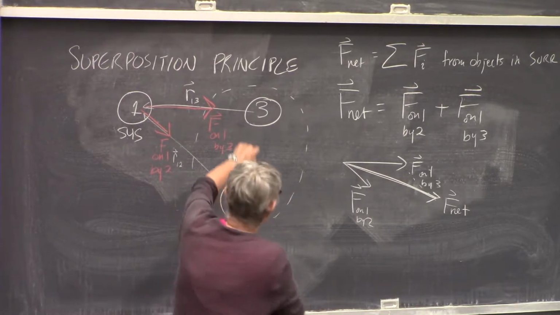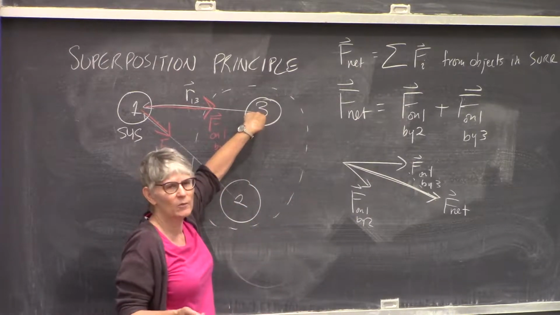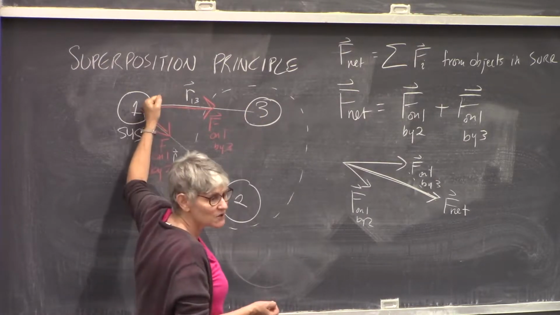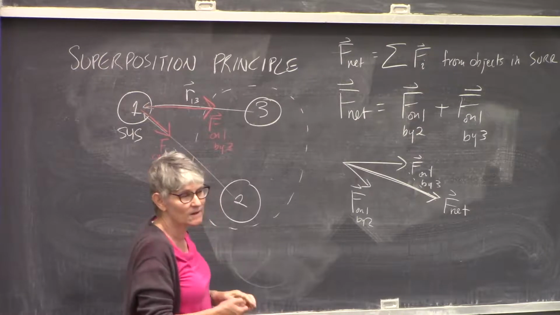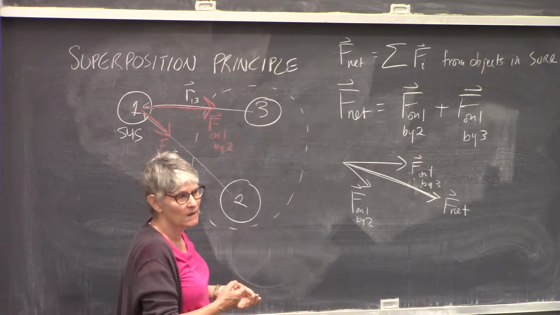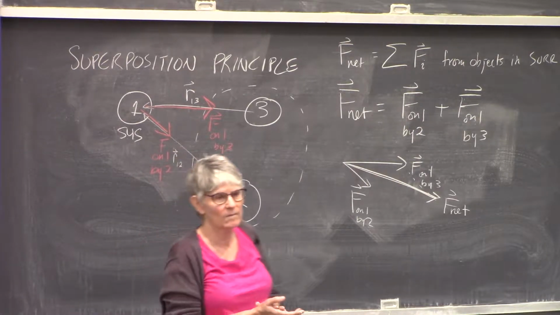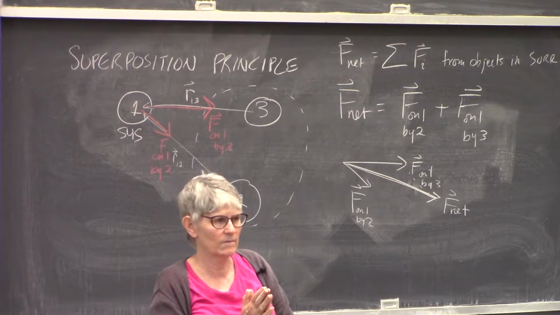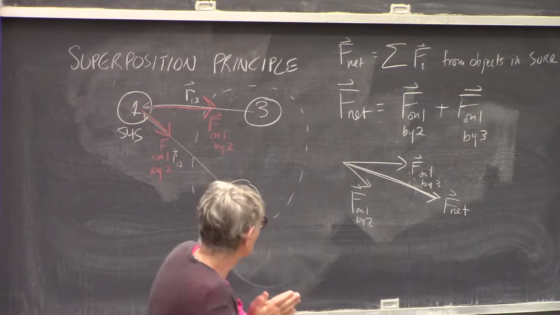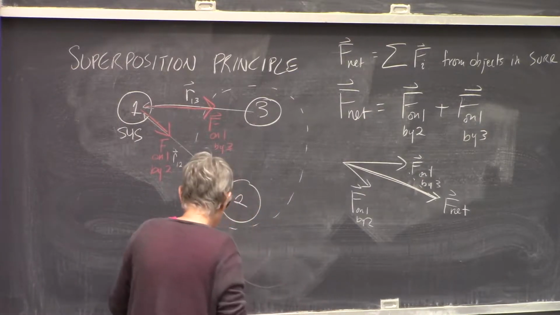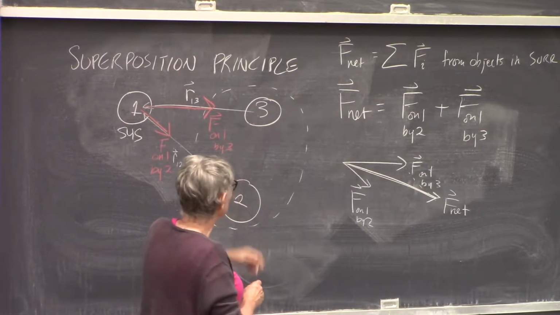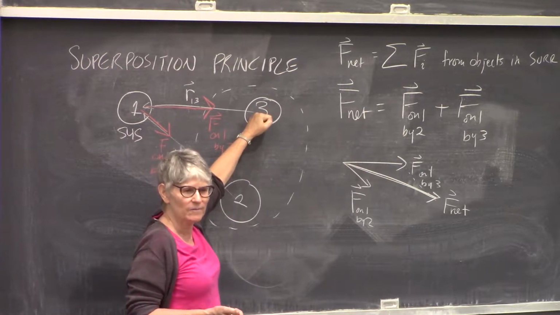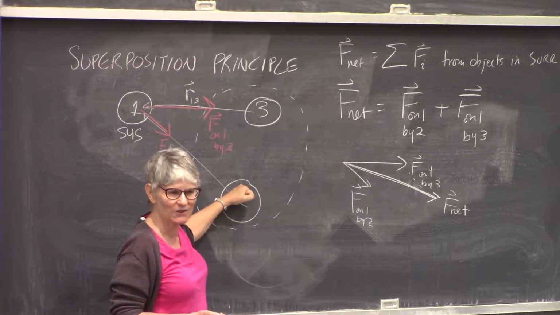Now, do these two objects interact with each other? Sure, but we're not interested in that right now. We're just interested in what's happening to this guy. So 2 and 3 don't affect the attraction for 1. Interestingly, you can see how complicated it would be if the fact that this number 3 showed up weakened this attraction or something like this.